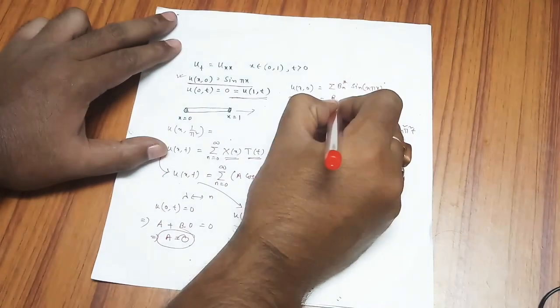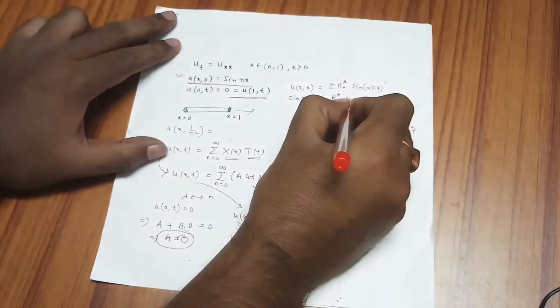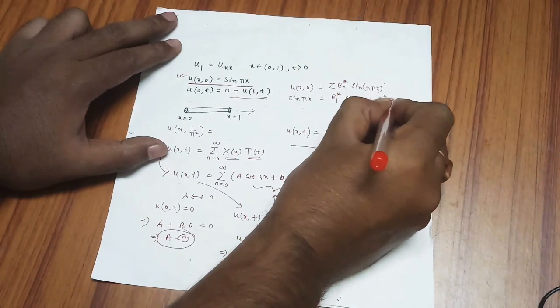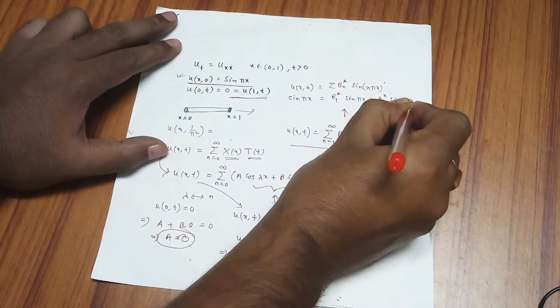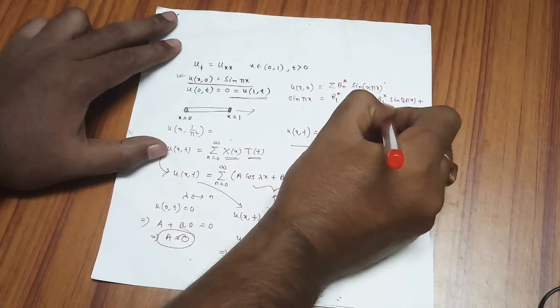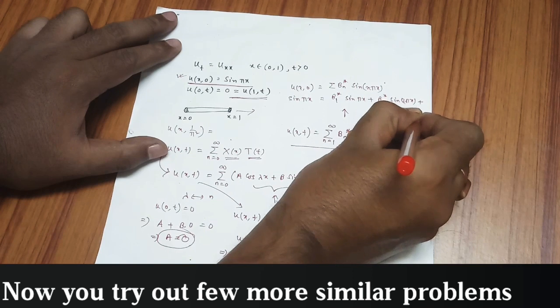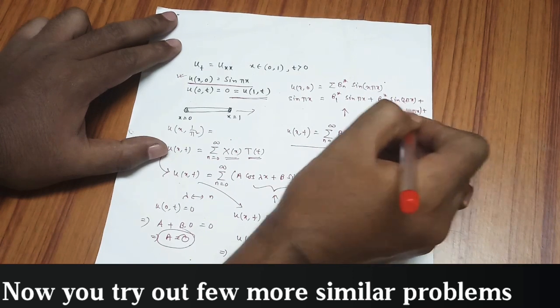So b1 star sin(pi x) plus b2 star sin(2 pi x) plus b3 star sin(3 pi x), and so on. Fine.